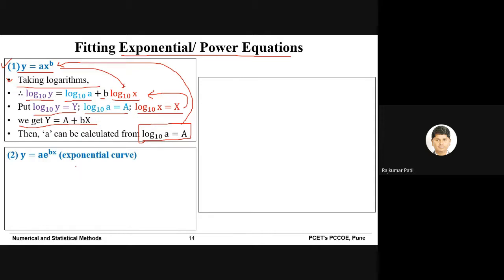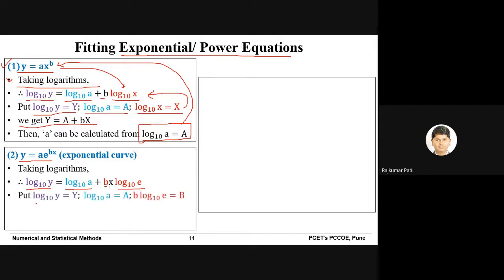Let's take another equation, y is equal to a e raised to bx. Again, in this equation also, we need to take the logarithm on both sides. When you take the log, y will become log to the base 10 y, which is equal to log to the base 10 a, plus bx log to the base 10 e.